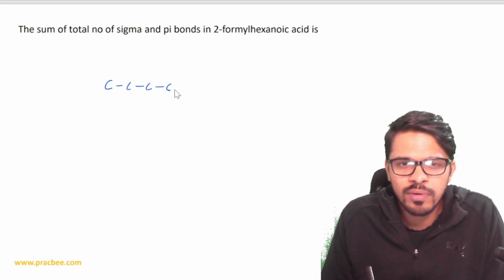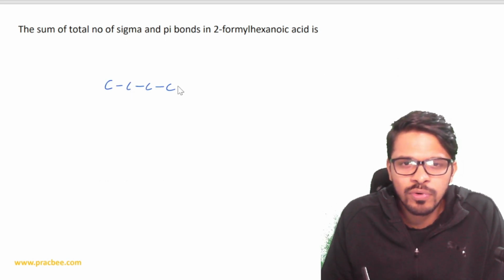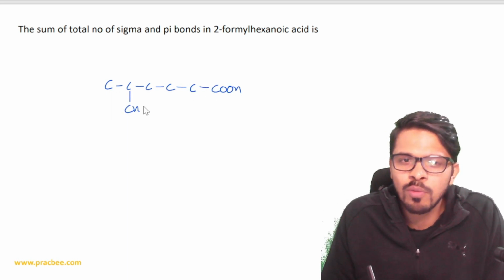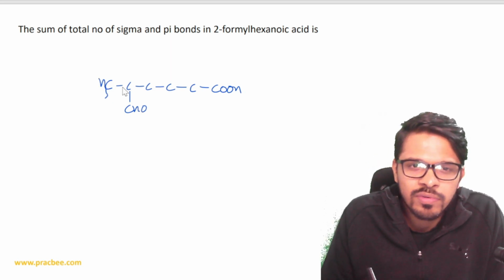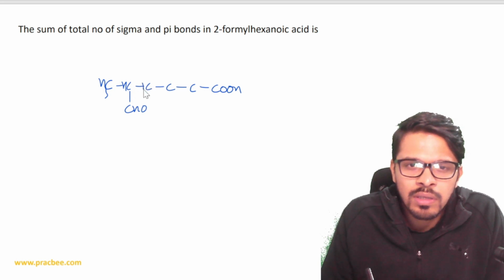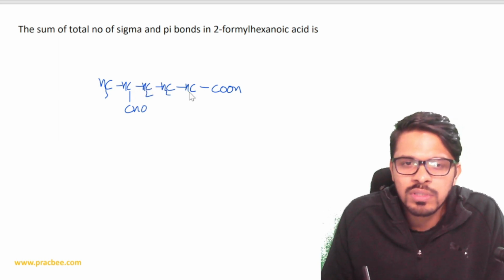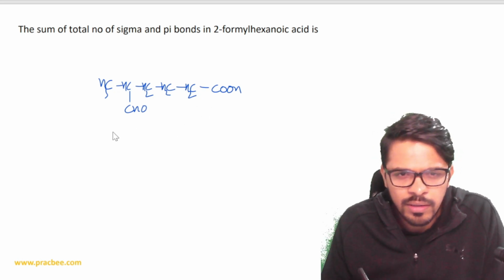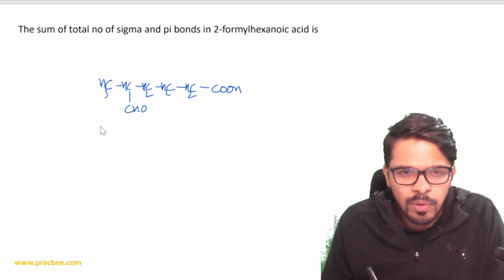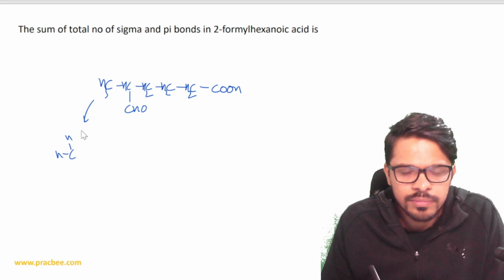Next is 2-formyl hexanoic acid. So we have 1, 2, 3, 4, 5, 6 carbons, we have COOH, and on 2 we have formyl. Formyl basically means CHO. So you can count the number of sigma bonds as well as the pi bonds, right?